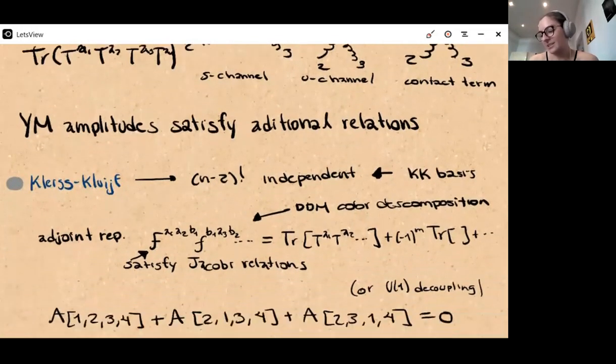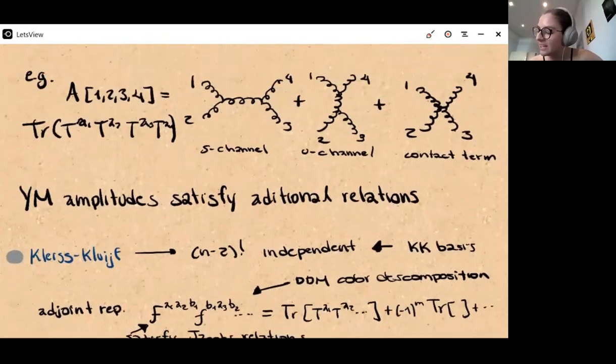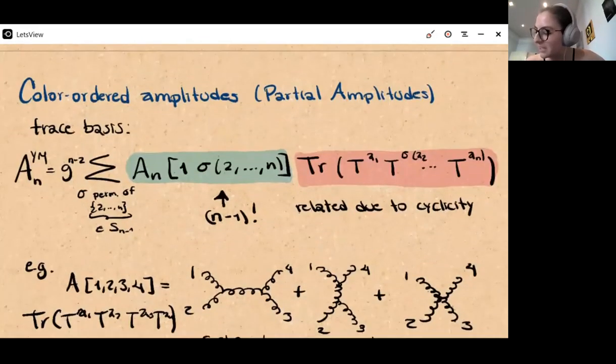So you're going to have these extra relationships that, for example, here I'm showing what the 4-point amplitude looks like. And it's just relating how different orderings of your color actually relate to each other, which in this case is very simple for 4-point amplitudes. This is called U1 decoupling, because you can also infer it if you have one of these generators and set it to be the U1 generator.